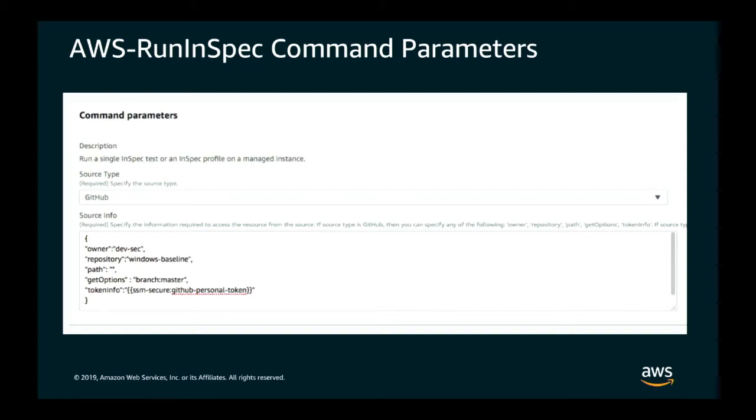So if you use the Systems Manager console, you select this document. Then you can provide a source type for your profiles, right? So in this case, we have an integration with a Git repository, or GitHub in this case, where in this configuration down here, you define the branch and the repo name of the InSpec profiles that I want to execute. You can also define the GitHub token that should be used for that.